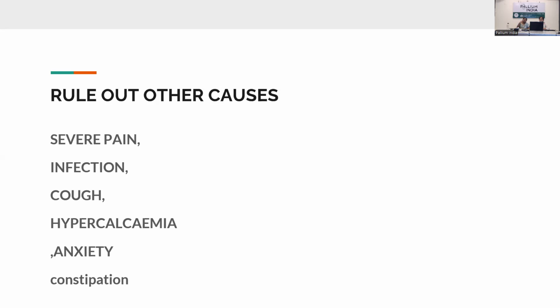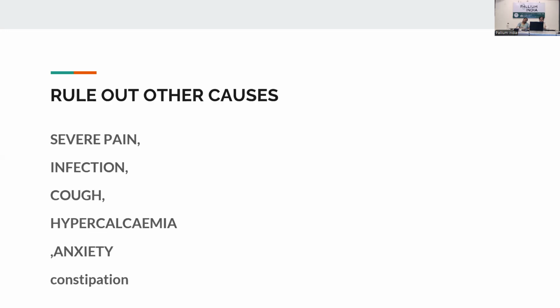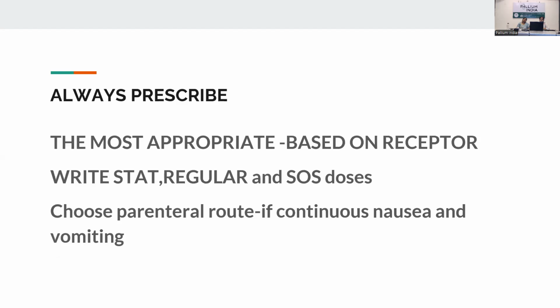The cough is causing the vomiting because the patient is getting vagal stimulation from the continuous coughing. Also hypercalcemia. You have to keep all these in mind. Constipation, increased levels of ammonia or urea, intestinal obstruction where nothing is going down, all these things can cause vomiting. These are also causes.